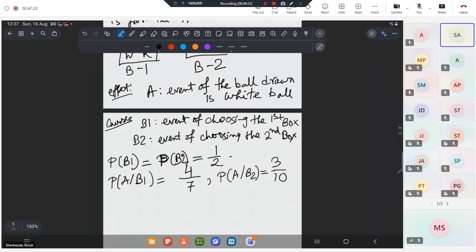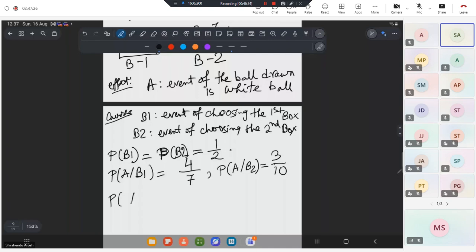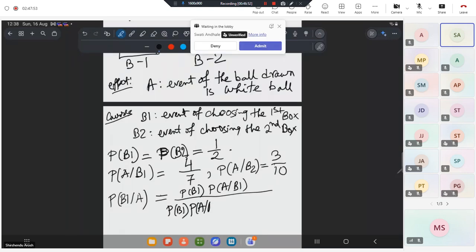What do I need to find out? Given that I have got a white ball, what is the probability that it came from box 1? So cause 1 divided by the effect. This theorem tells me how to write it: P of B1 given A equals P of A given B1 times P of B1, divided by P of A given B1 times P of B1 plus P of A given B2 times P of B2.